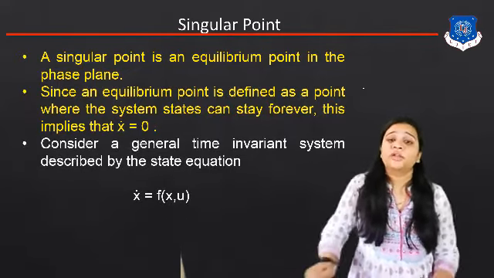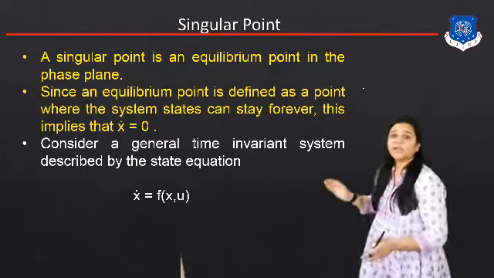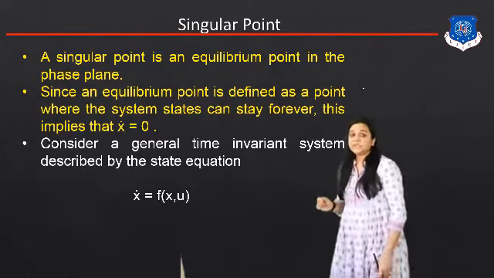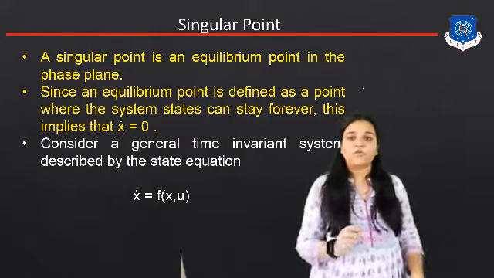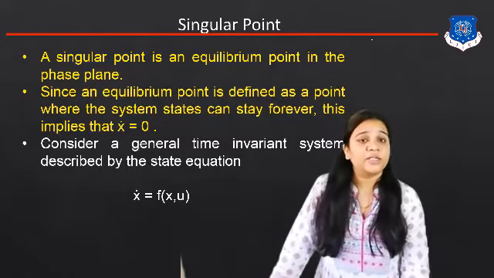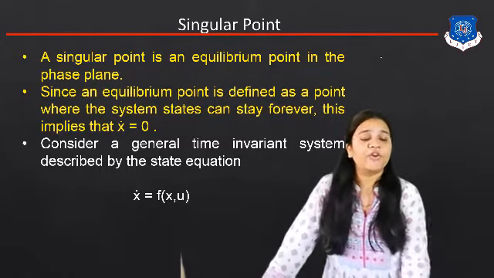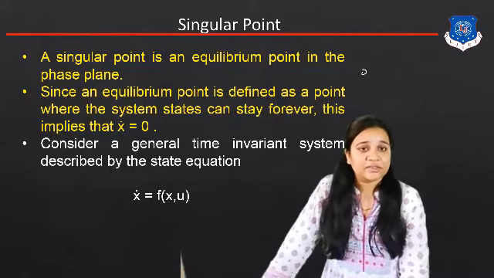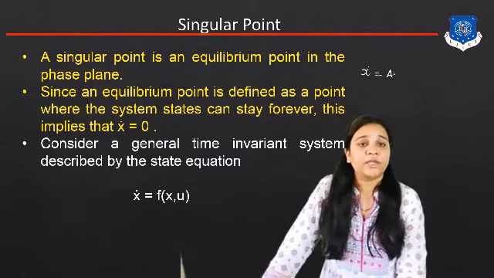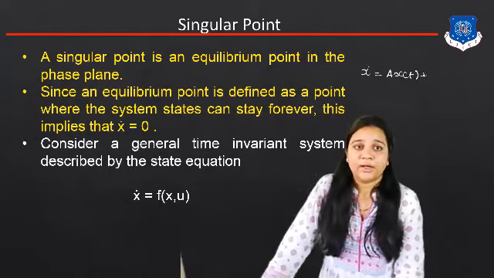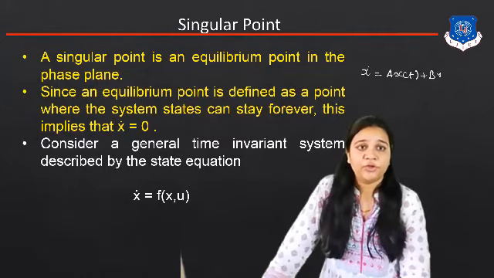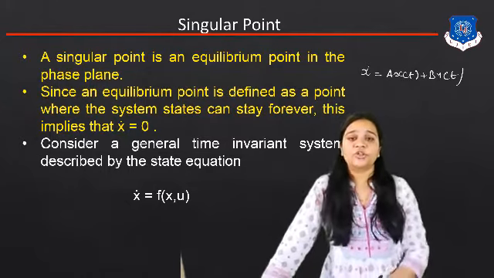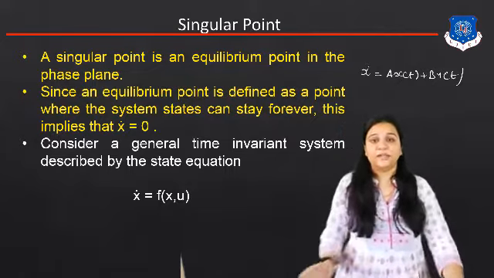So we consider a general time invariant system described by the state equation x dot is equal to a function of x and u, because the continuous state equation is x dot is equal to A x of t plus B u of t. So generally x dot is a function of x and u.